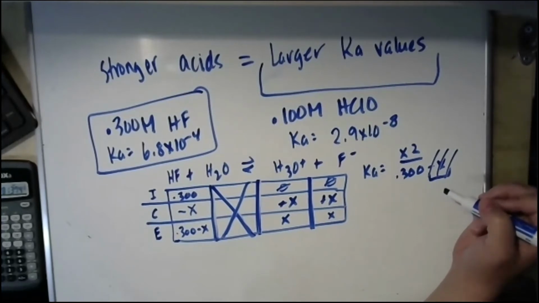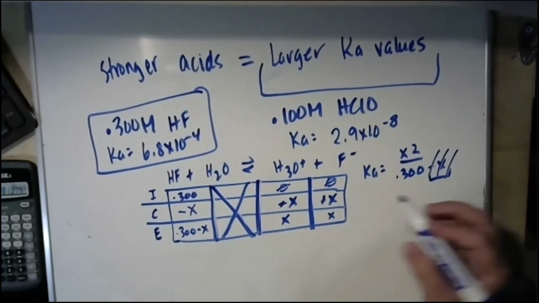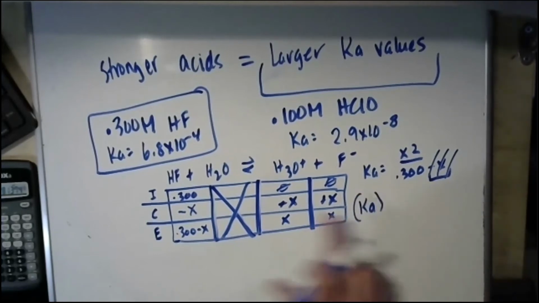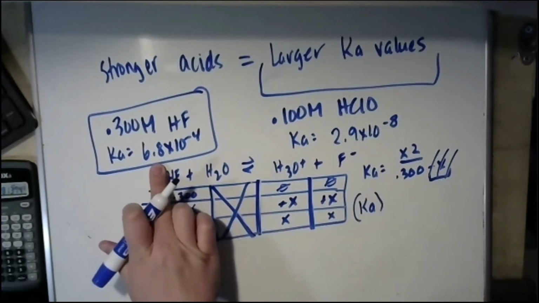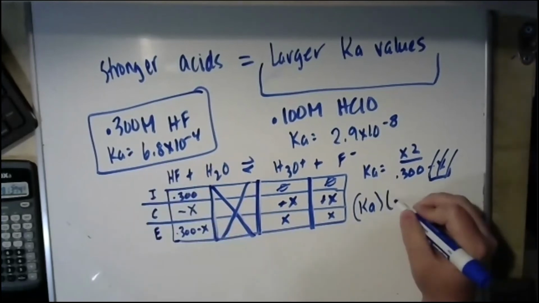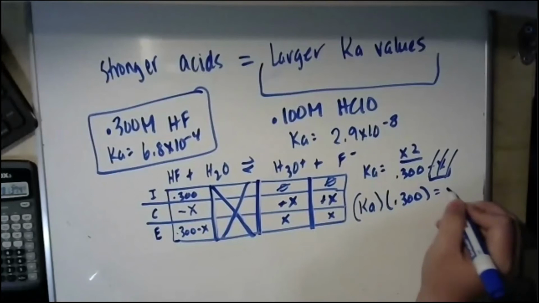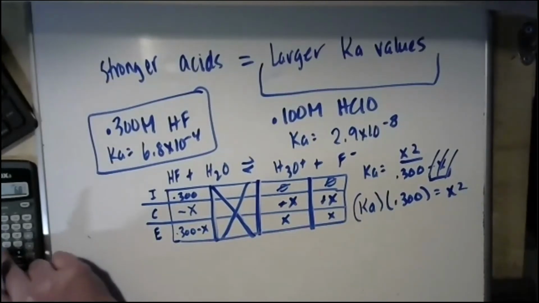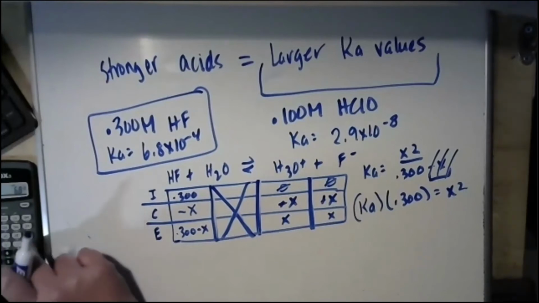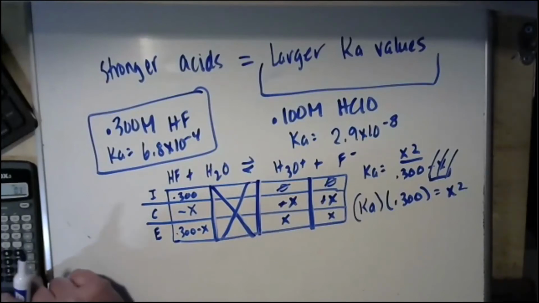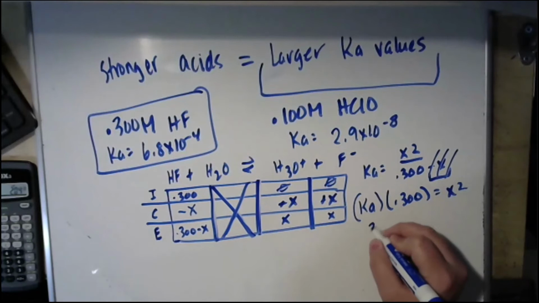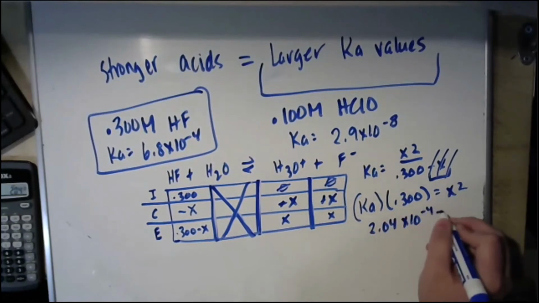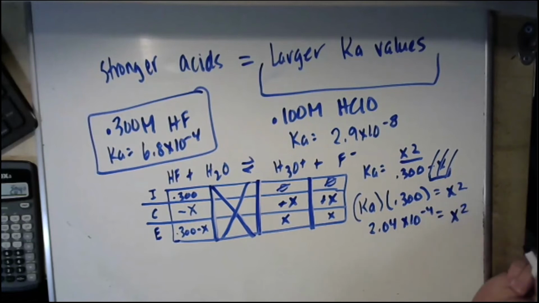We'll solve for x with the rest of our information. Our Ka for HF is 6.8 times 10 to the negative 4, times 0.3 equals x squared. So we get 2.04 times 10 to the negative 4 equals x squared.